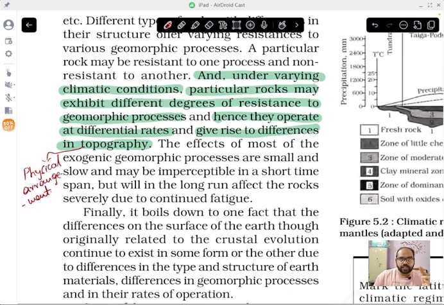If the rocks are different, then it is another story, because previously I have explained, if the rocks are different, exogenic processes operate differently. But if it is the same type of rock and the topography still differs, that is, the physical arrangement of the rocks differs. Western Ghats and Eastern Ghats are almost made up of a similar type of rock, but their physical arrangement is different because each rock offers a different resistance to the exogenic process.